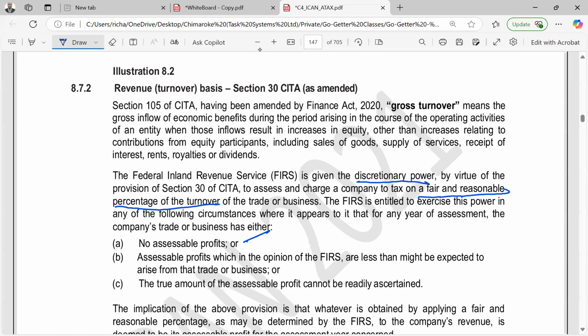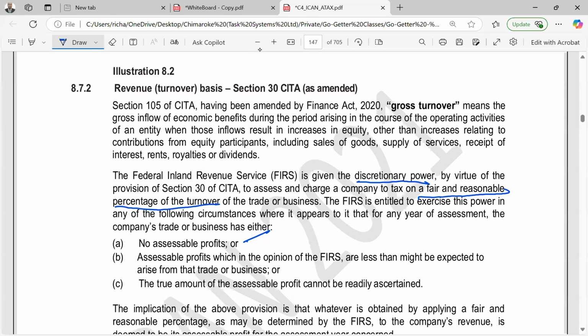Maybe because they are in the first four years, maybe because they are carrying on agricultural business. But now they're supposed to be paying tax. They don't have assessable profits, and so they cannot pay tax. Or even though they have assessable profits, it seems to be less than what is supposed to arise from that business. Or when they cannot readily ascertain what the assessable profit is.